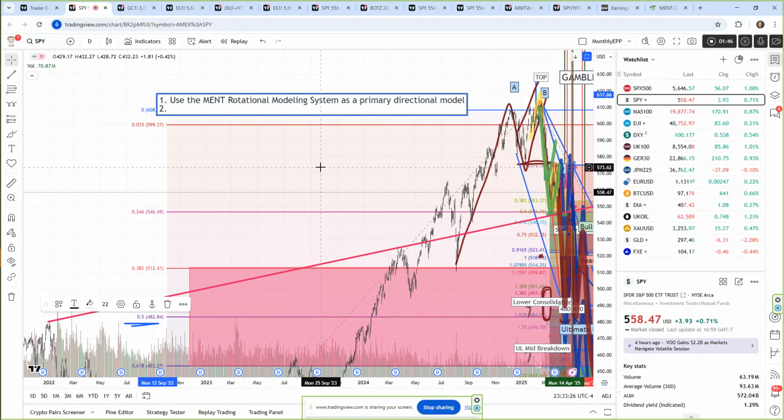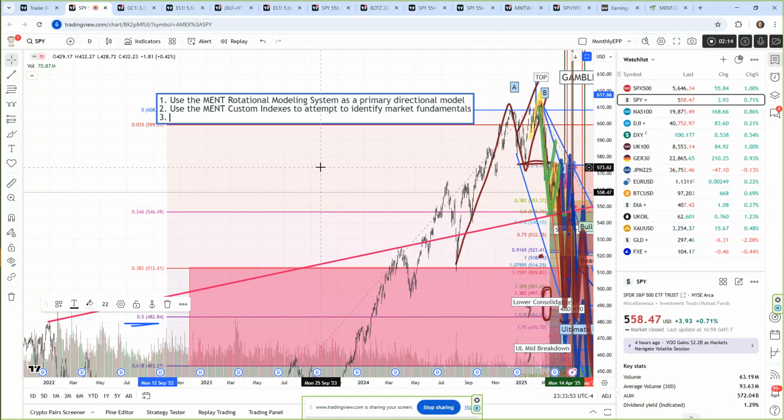Second, use the Ment custom indexes to attempt to identify, let's call it market fundamentals. And fundamentals in the sense of trending, direction, pausing, valuations. I'll show you some of these in a minute.